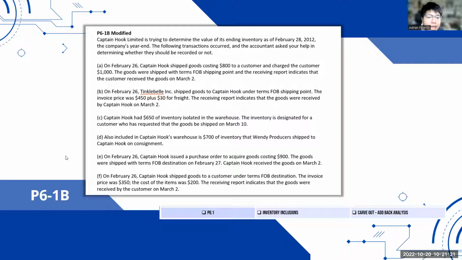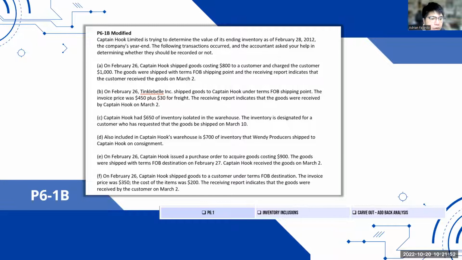LV, were you able to answer 6.1b? Sorry. Hi, Lance. Are you there? Or should I call someone else? Okay, si Soph na lang.